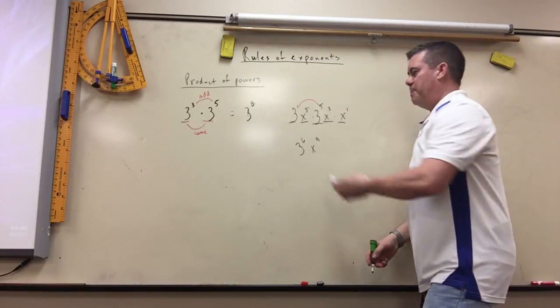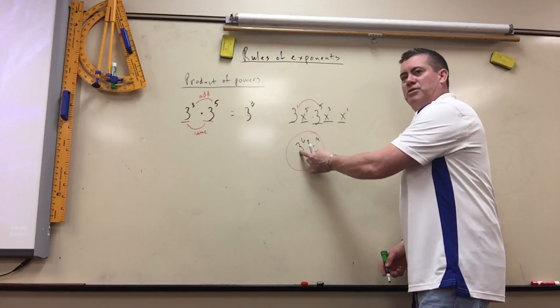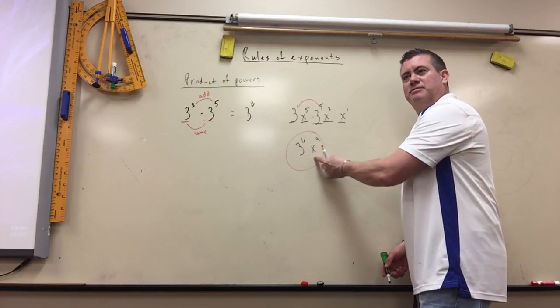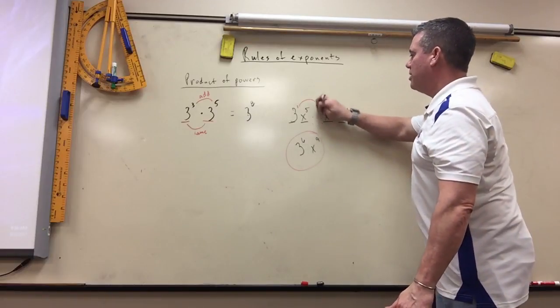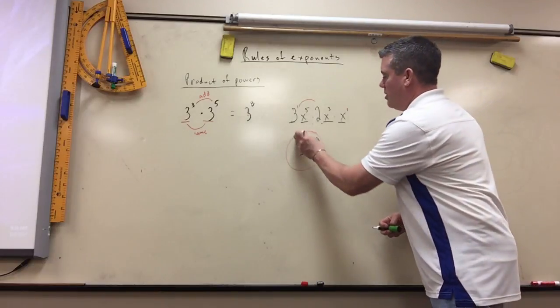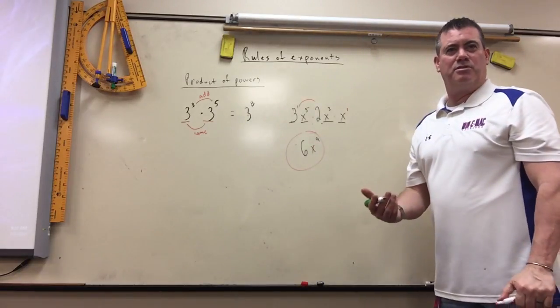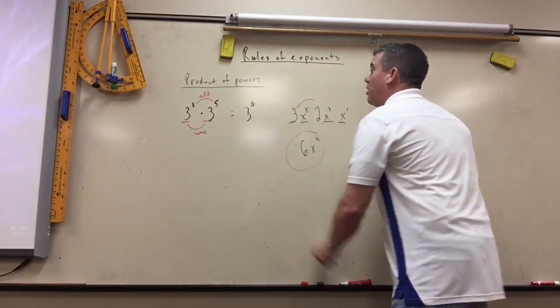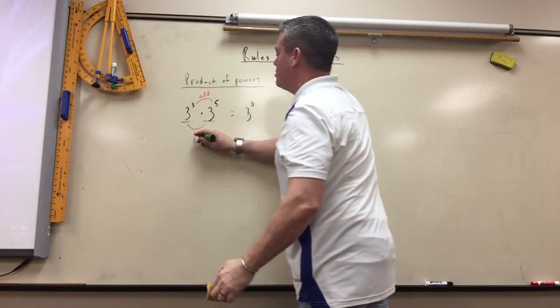It's confusing. So if they say write it as a product of powers, that means you don't have to use the calculator to figure out what it is. The only time you'd have to multiply them actually out is if they were different numbers like that. Then it's just 3 times 2 is 6. See the difference? Okay. All right, so that's product of powers. You just add the exponents if the bases are the same.